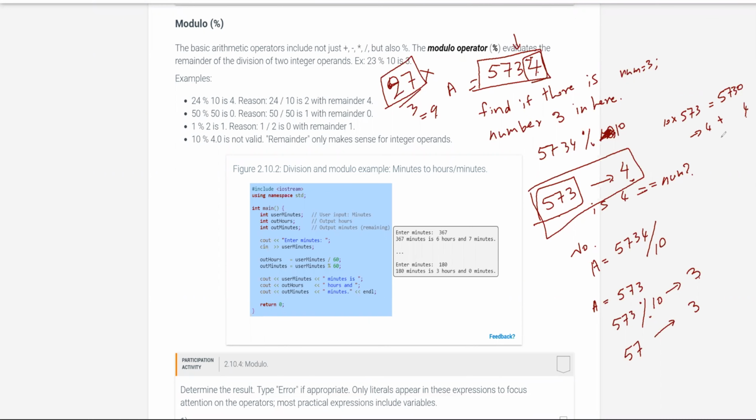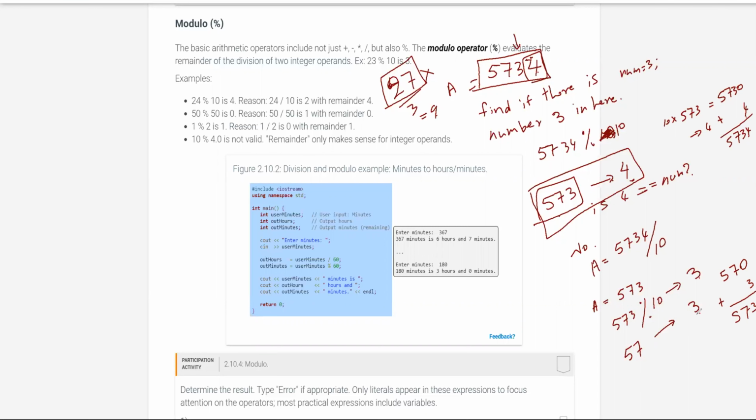If you add these two together, you get the original number, right? In this case as well, if this is the original number, 10 times 57 is 570, and then the remainder is 3. If you add all together, you get 573. So that's how you put it back together and see whether you get it.